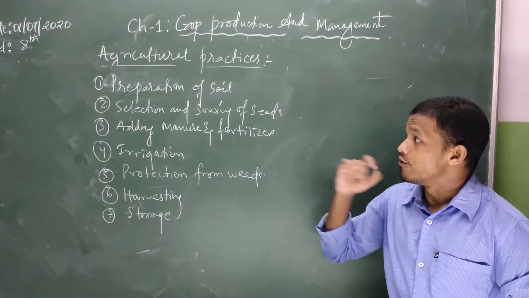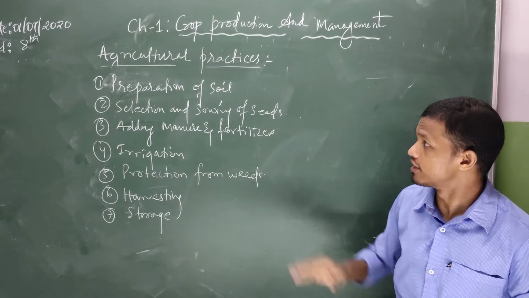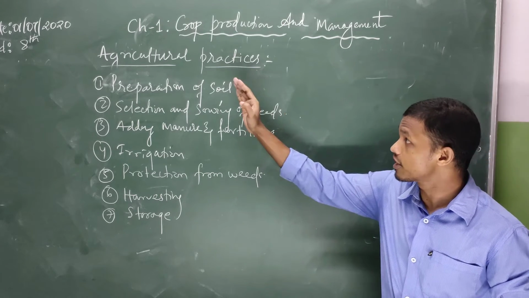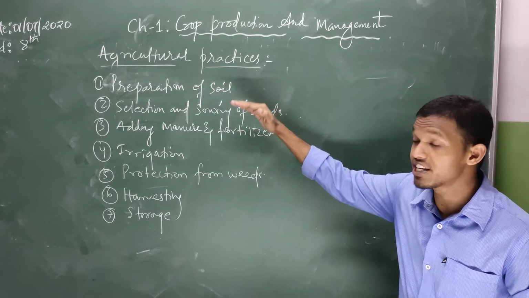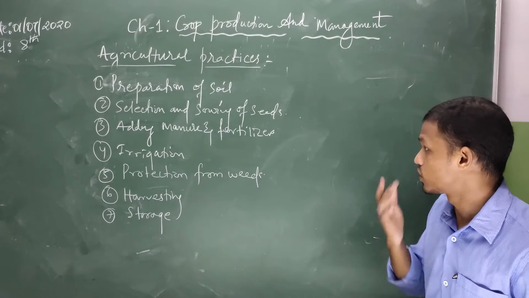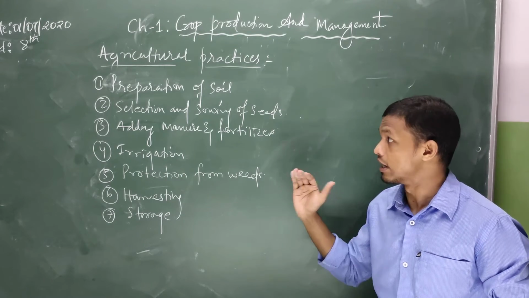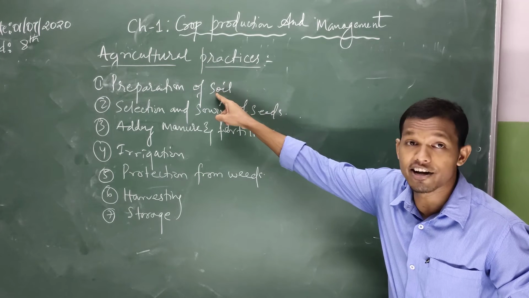So you know very well the activities followed by the farmers, that is agriculture practices. These practices are activities followed in sequence order by the farmers in order to produce a good crop. What you already studied was preparation of soil, the first step of agriculture practices.